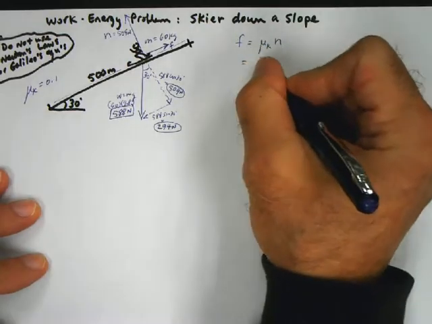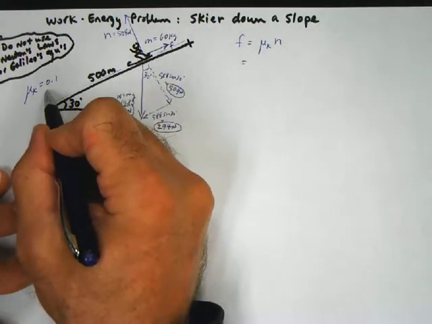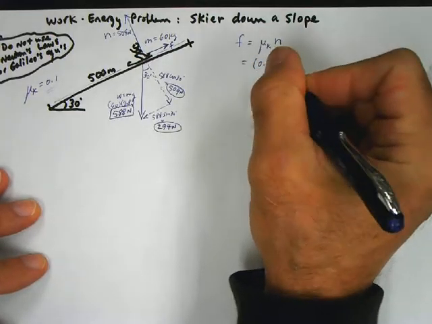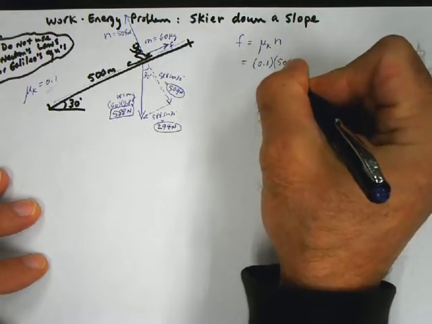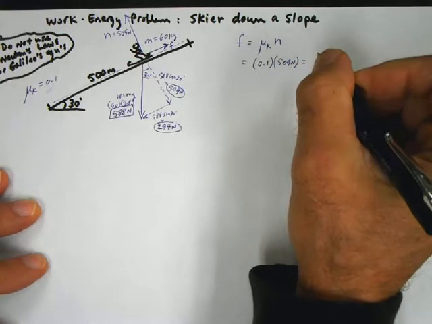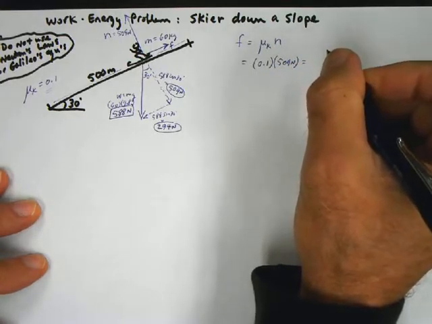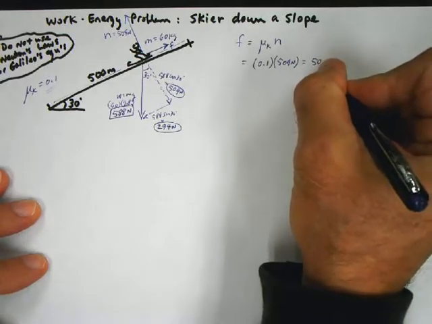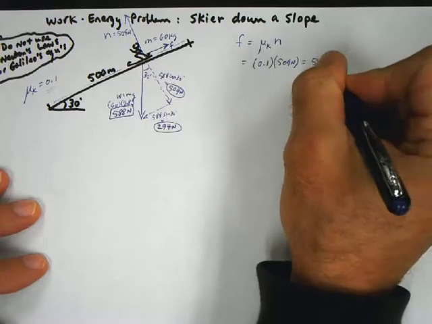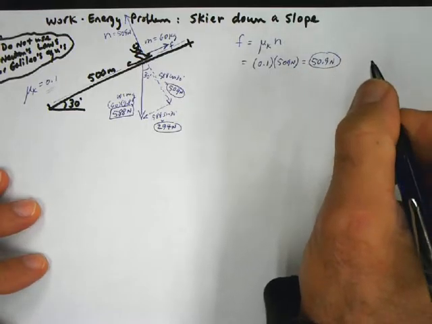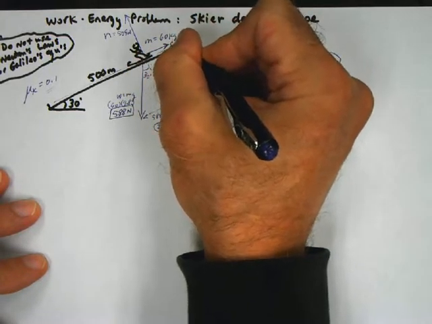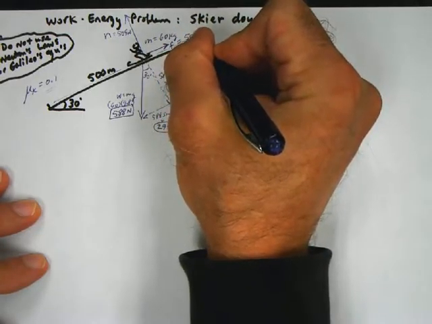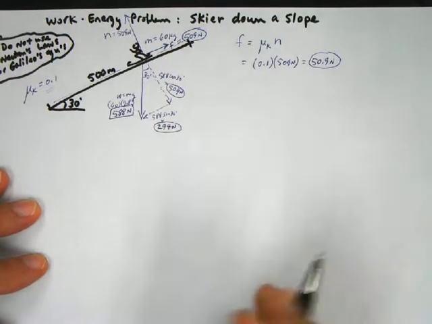Coefficient of kinetic friction is already stated as 0.1, times the magnitude of the normal force, which is 509 newtons. And so that gives us 50.9 newtons of frictional force.